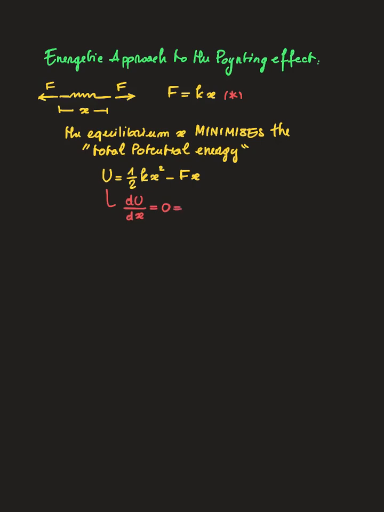If I compute this, when I do the derivative of the first term, you get kx. When I do the derivative of the other one, you get F. And so you obtain that F is equal to kx. Now, this little idea can be used to prove the Poynting effect in a very fast way. And let me show you how it works.